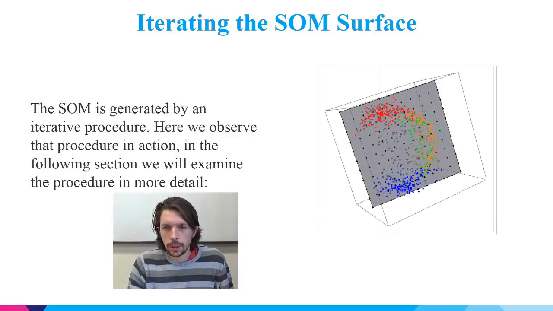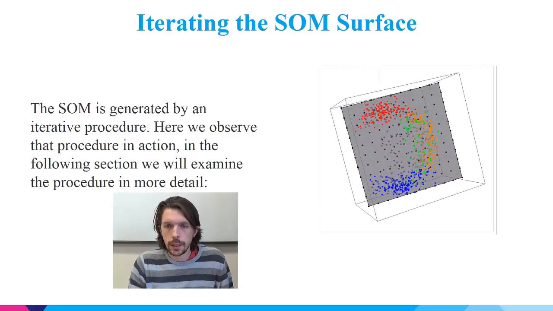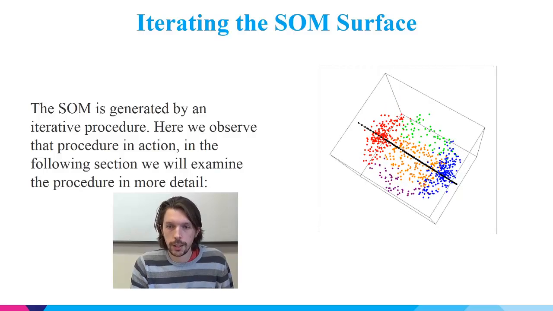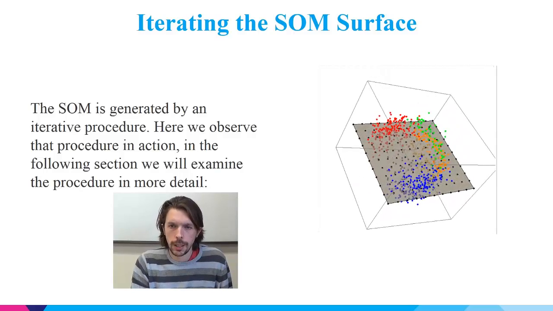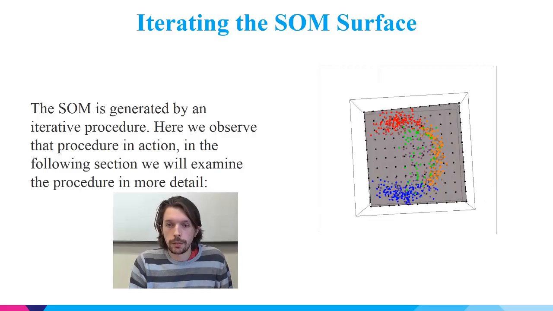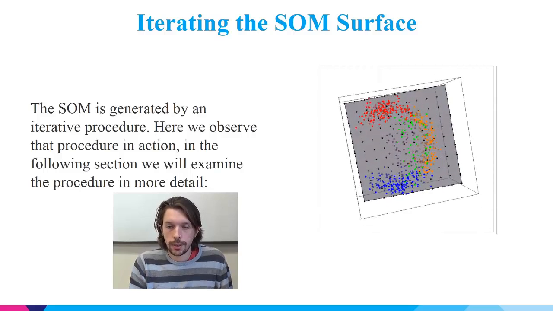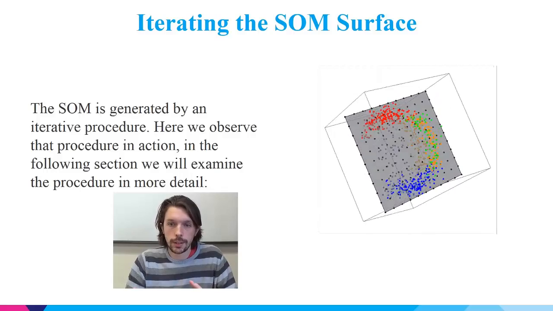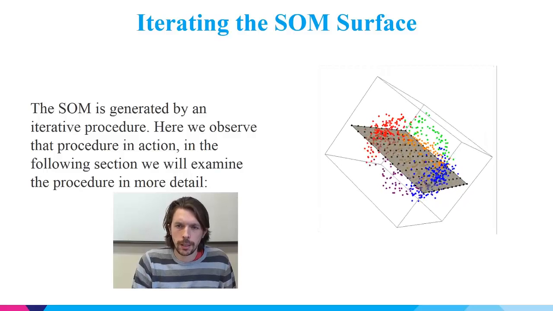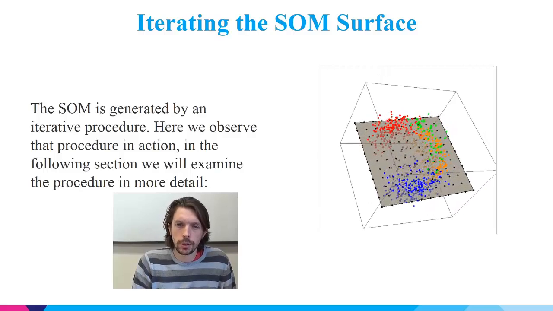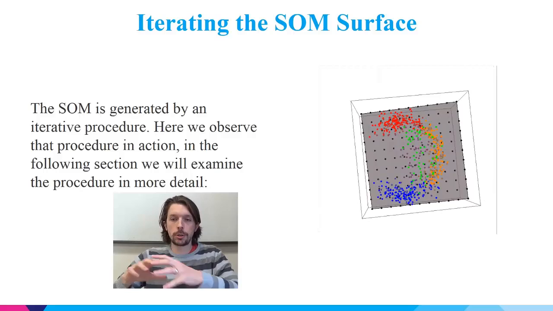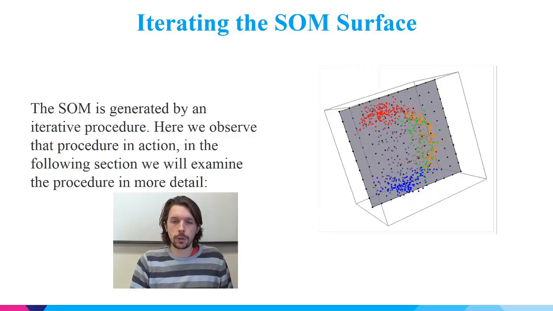The next thing we can do is show the evolution of the self-organizing map surface as we iterate the self-organizing map algorithm. You can see there it jiggles about, but then eventually the surface tends to curve around and tries to fit the sphere-like structure of the data. So this gives you some intuition of what the self-organizing map surface is trying to do. It's trying to find a surface which optimally fits the nonlinear structure in the data.